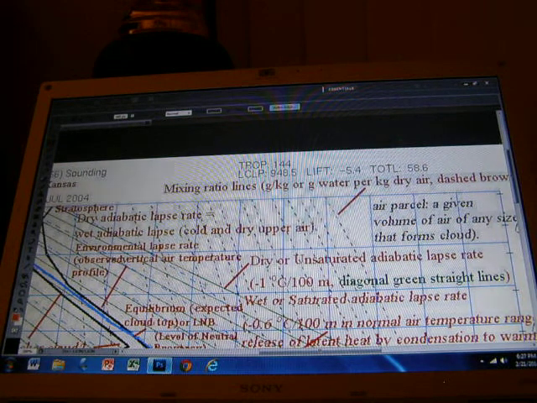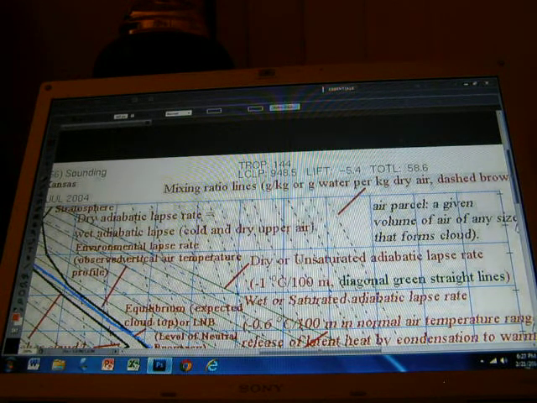The blue dash or broken curve is our wet or saturated adiabatic lapse rate. For a saturated air parcel, when it rises every 100 meters, the temperature will drop by 0.6 degrees Celsius.